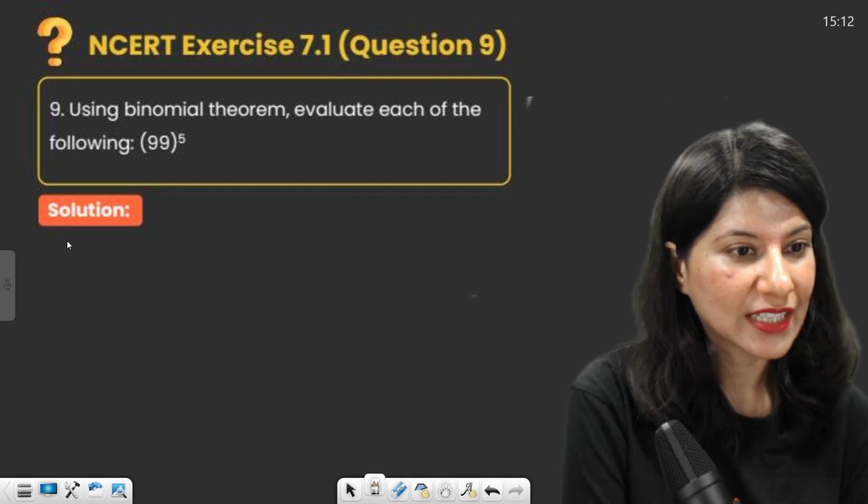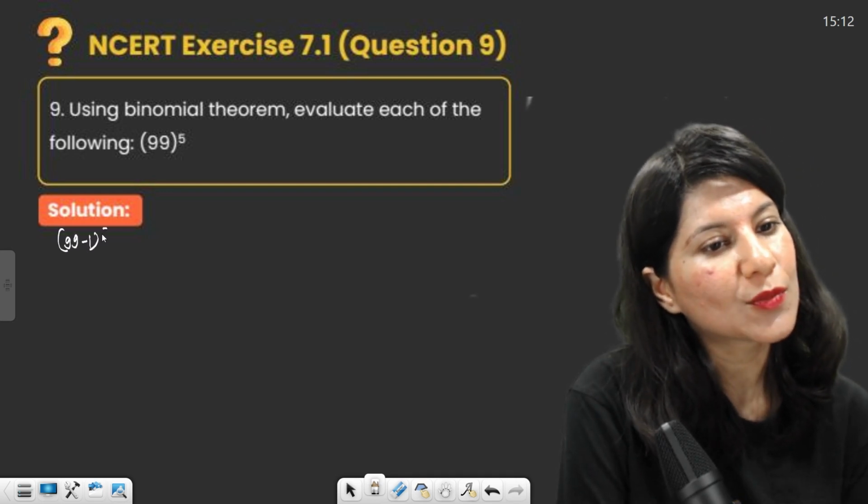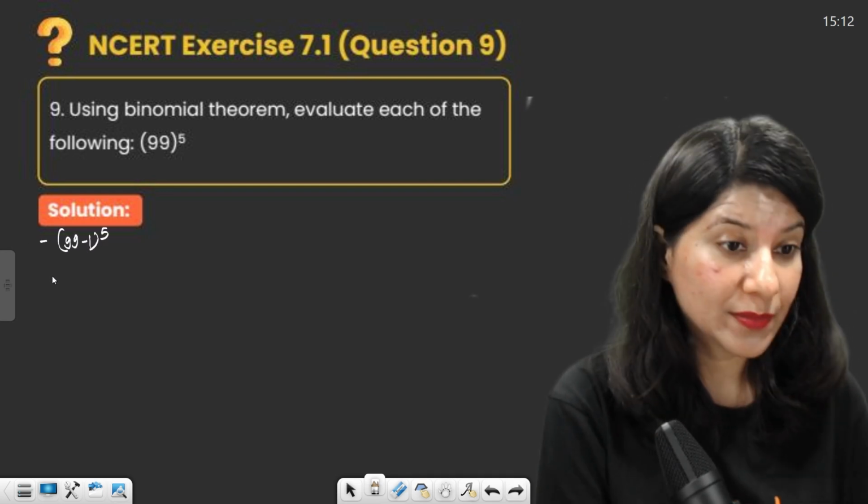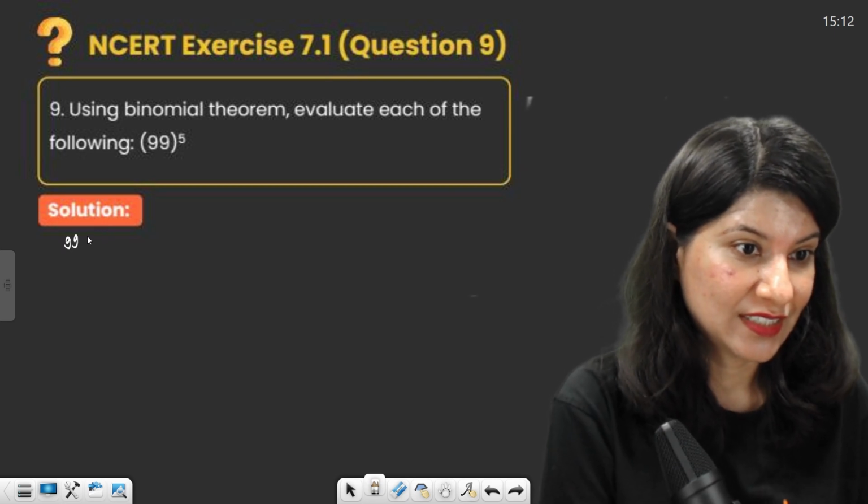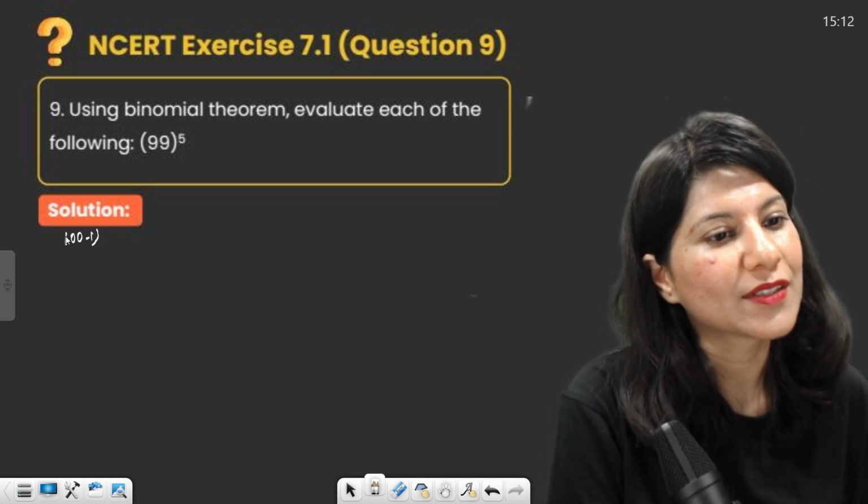99 raised to power 5 again. This is 100 minus 1 raised to power 5.